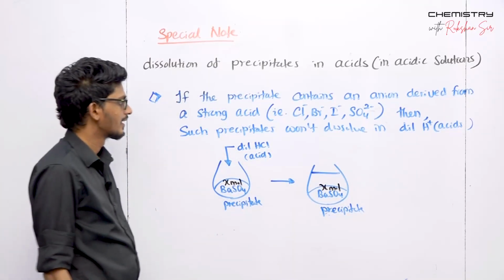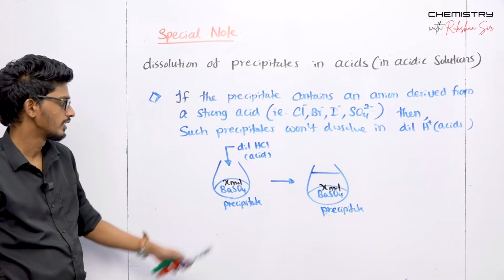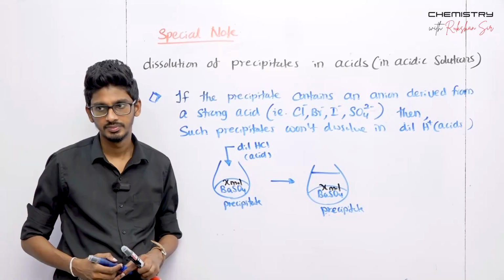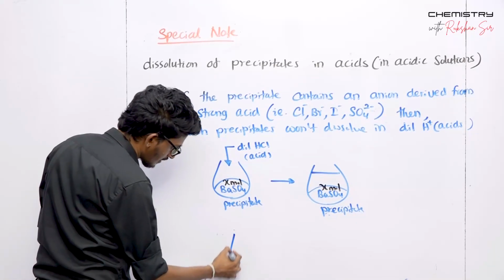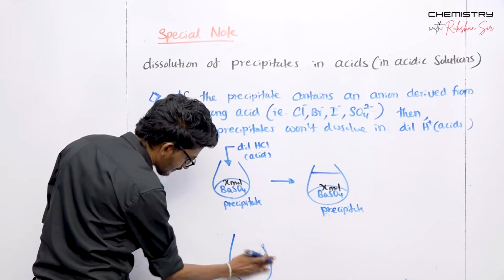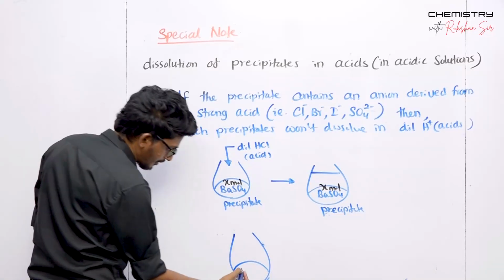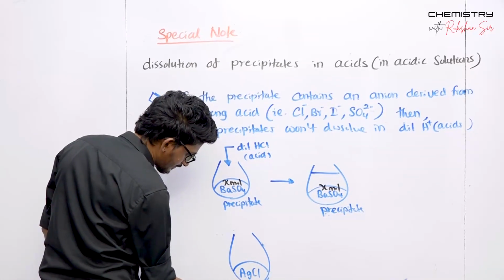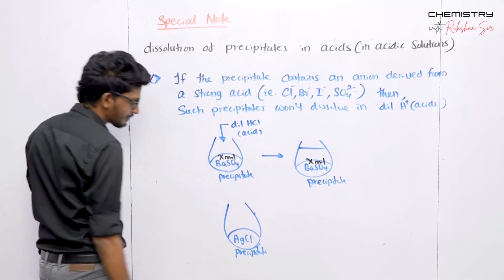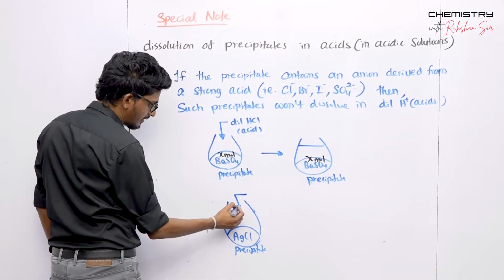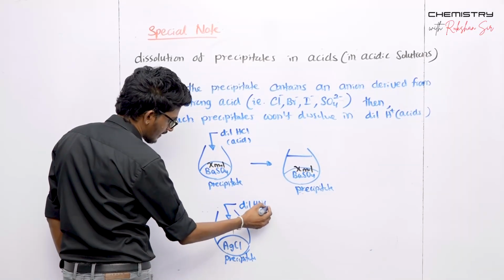If you are with a precipitate with any of these anions, then such precipitates are not going to dissolve in dil acids. Right? That is the idea. See another example. Say you are with some precipitate AgCl, and you are adding some acid, nitric, another dil acid.